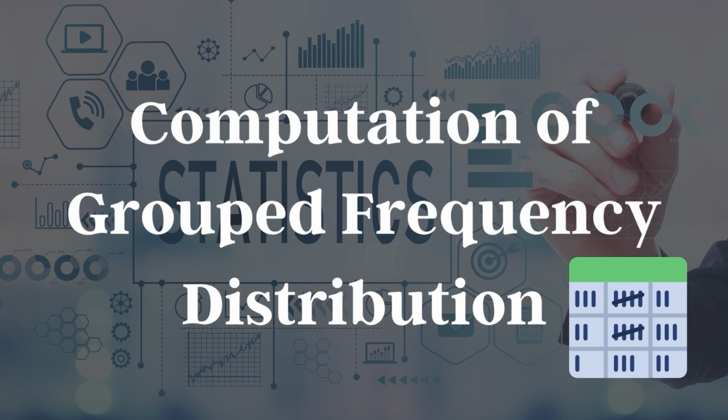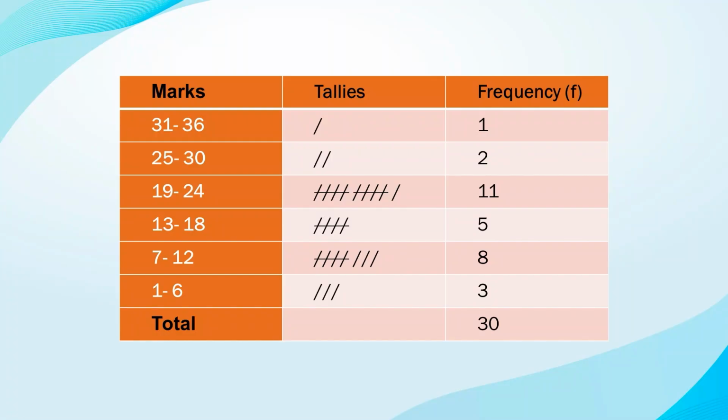In a similar way, we can also compute frequency distribution on the basis of groups. So we have categorized here these categories: 1 to 6, 7 to 12, 13 to 18, and so on. The frequencies in each category, we are going to put the tallies in a similar way like we did for the ungrouped data.